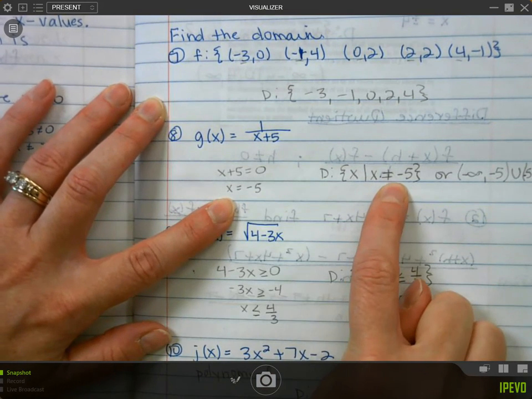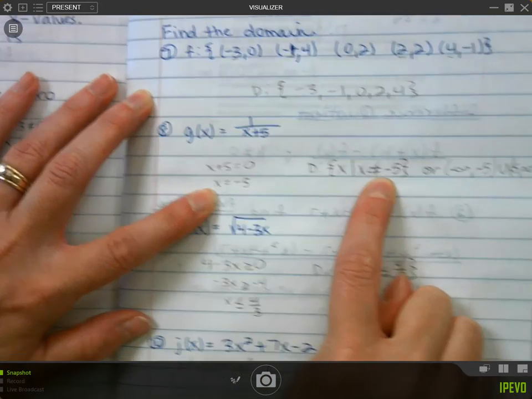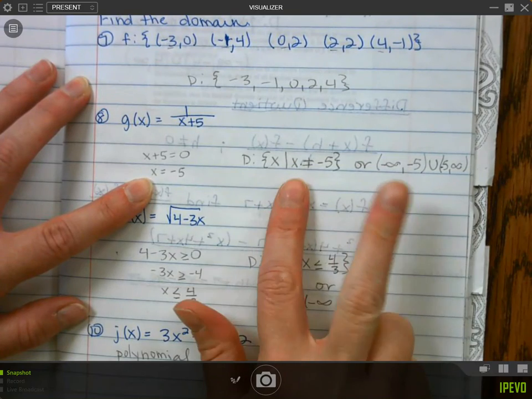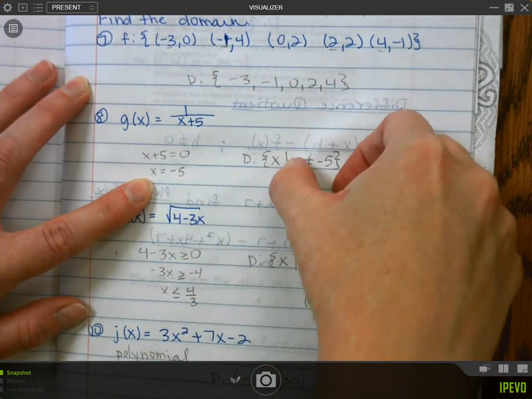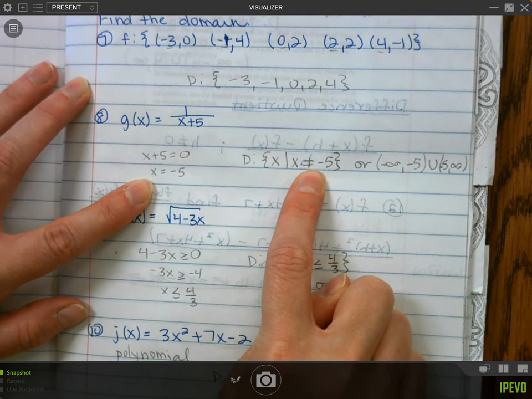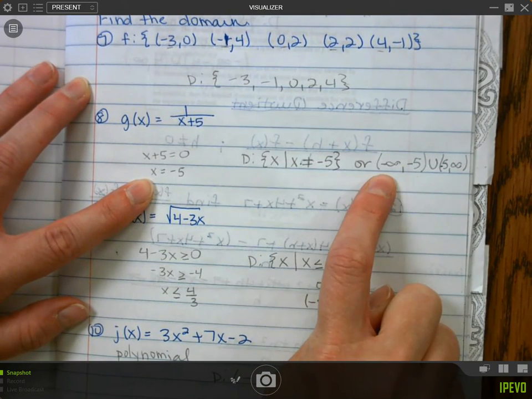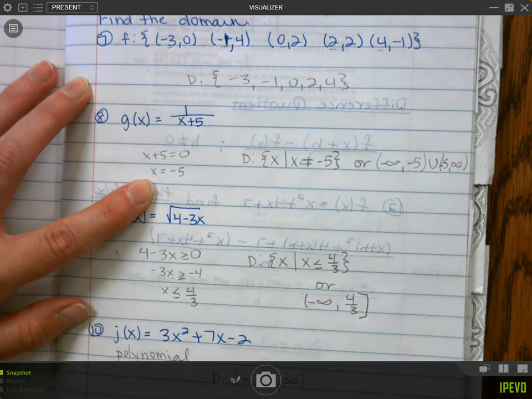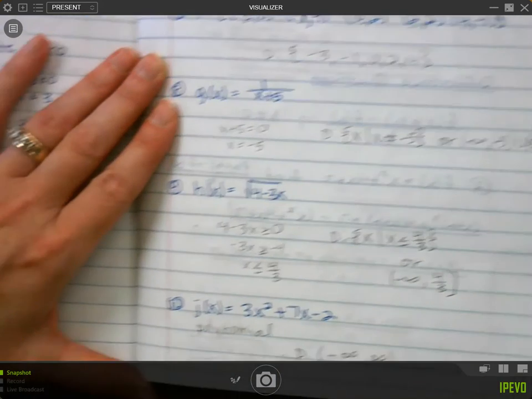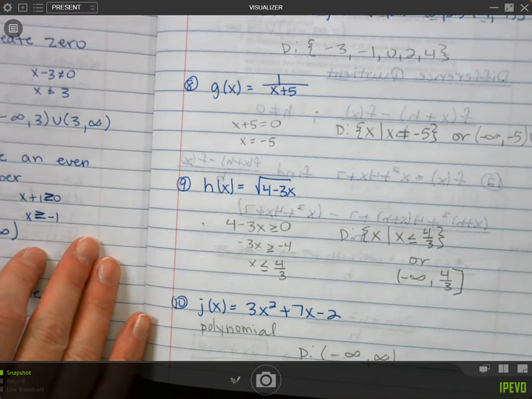Well, so our domain is any number except for -5. And again, these are the 2 ways of writing it. The set of x's such that x is not -5, or go from -infinity to -5, and then from -5 to infinity. So that just excludes the -5. All right, next option.